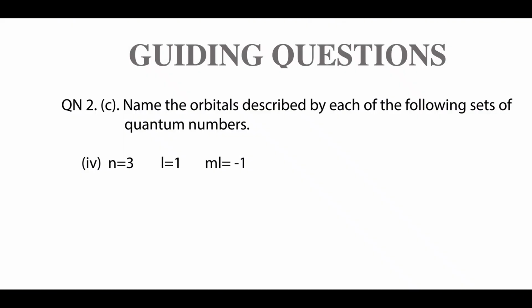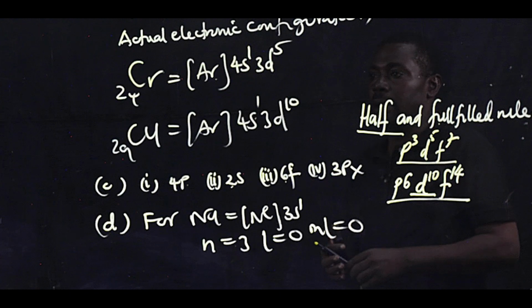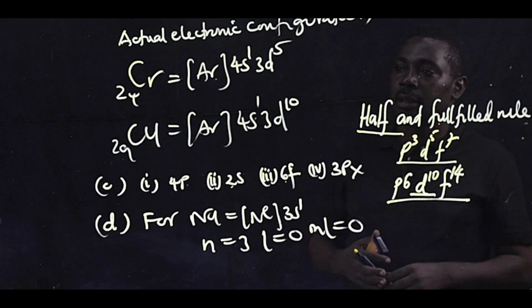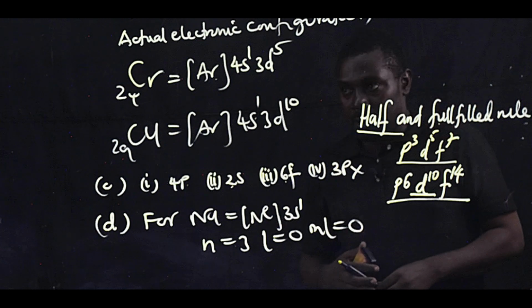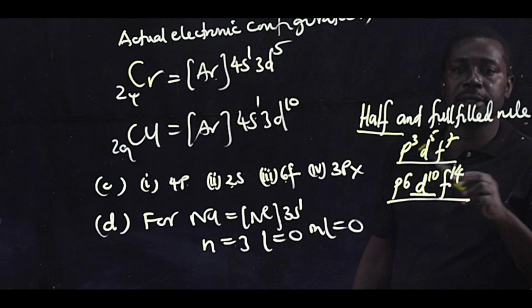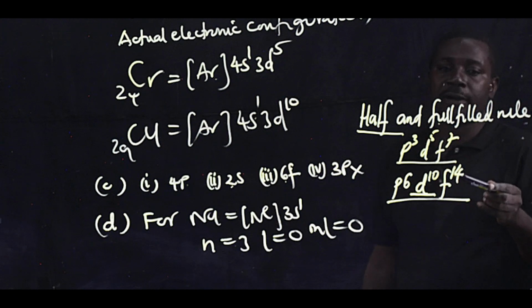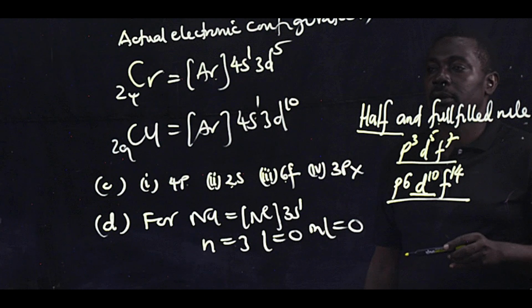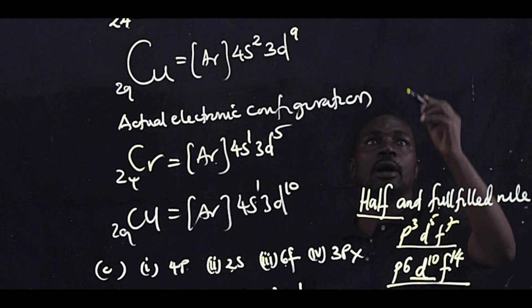Roman number 4, n is equal to 3, l is equal to 1, and ml negative 1. Identify the orbital described by these three given quantum numbers. n is equal to 3 specifies shell number 3. l is equal to 1 specifies the p orbital. But ml is equal to negative 1.